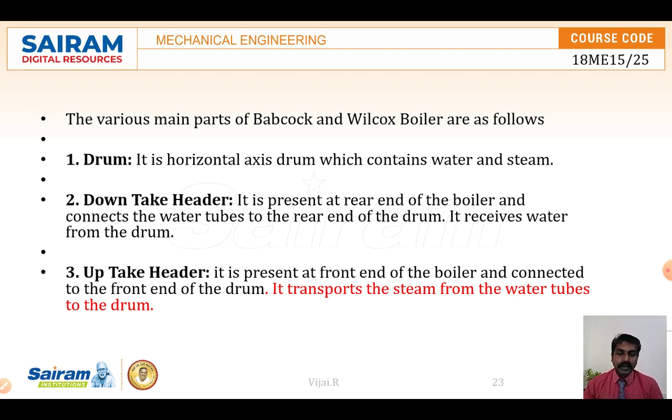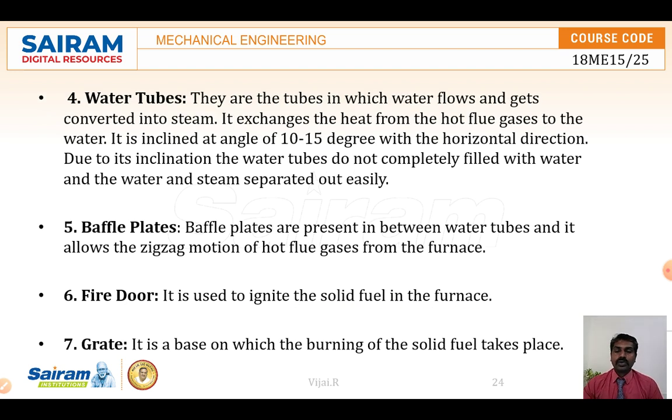The uptake header is where the heated steam goes upward. The water tubes are where water flows inside, while the hot gases circulate outside. The baffle plates allow a zigzag movement of the flue gas to make more contact over the tubes.